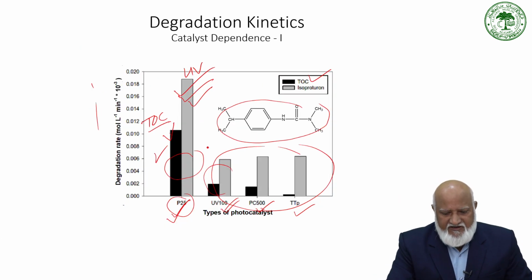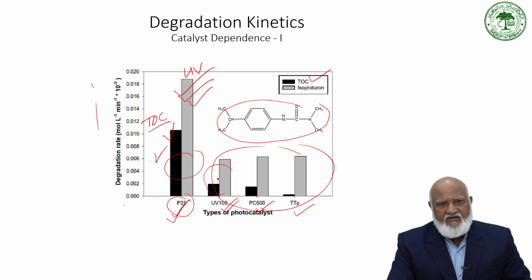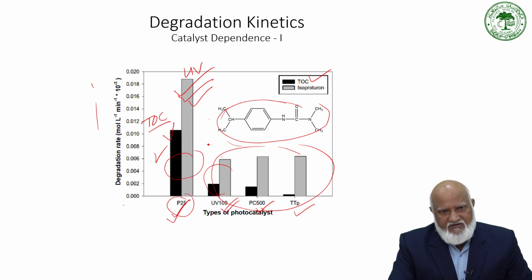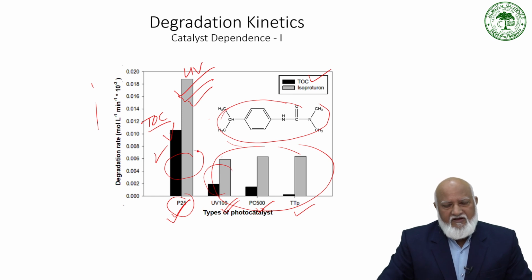So you can see that although the UV100 is 100% anatase, which is photoactive, it is less efficient for degradation as well as mineralization of this particular compound. So it is not only the anatase form, but different factors are also involved.